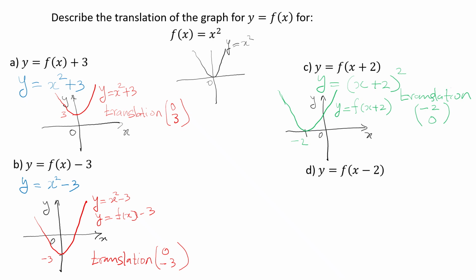Next one, y equals f(x minus 2). So x is going to be x minus 2, so (x minus 2) squared. Let's draw the graph.